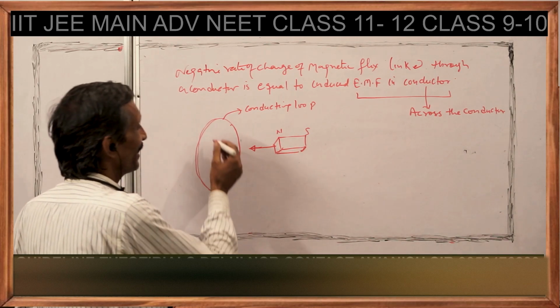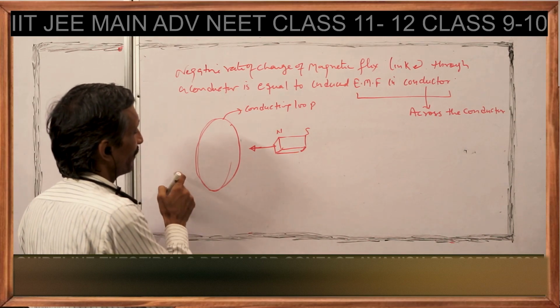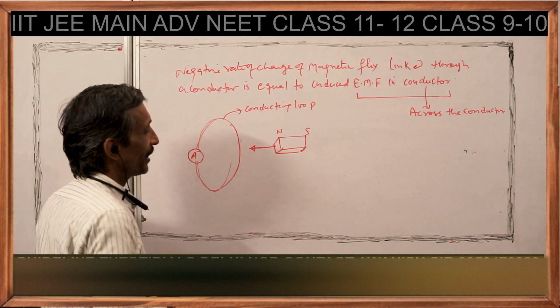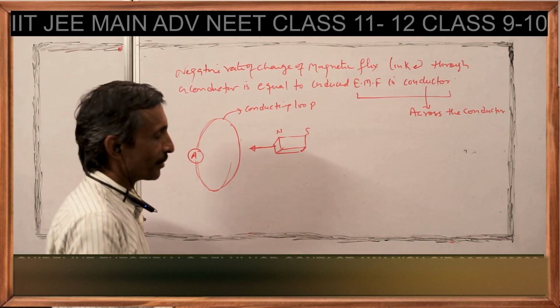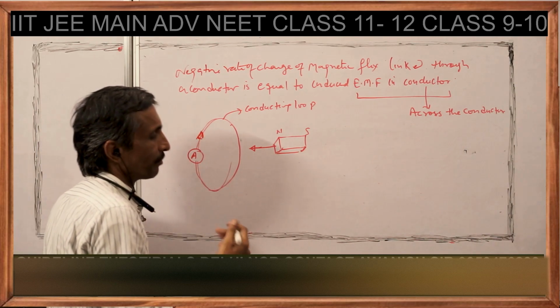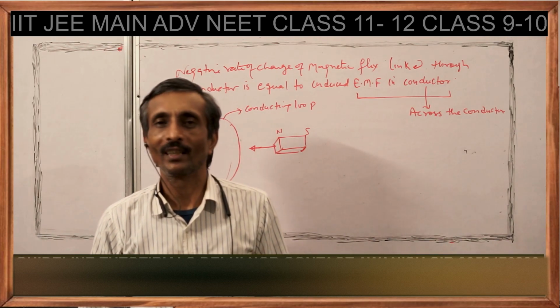Then we can measure that an induced current is developed in this. Suppose we connect a meter here, we get a reading in the meter showing the induced current. What will be the direction of the current? The answer comes from Faraday's law and Lenz's law, which explain the direction.